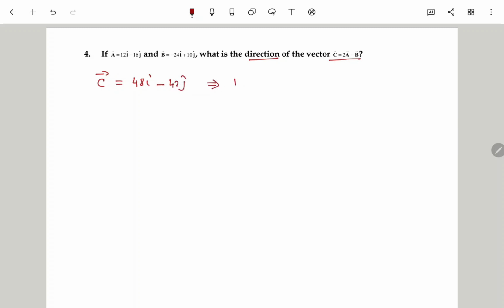In other words, tan theta equals y over x, or minus 42 over 48. In other words, theta equals minus 41.2 degrees.